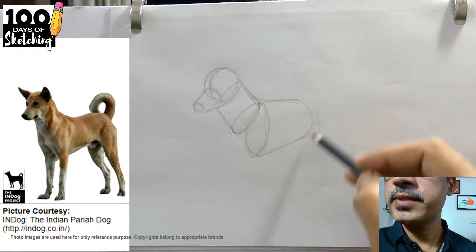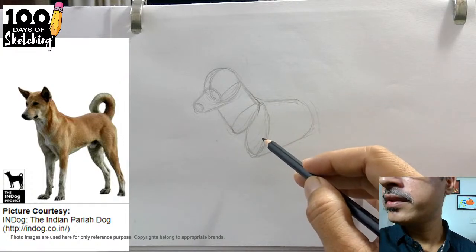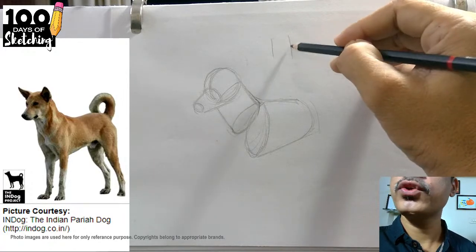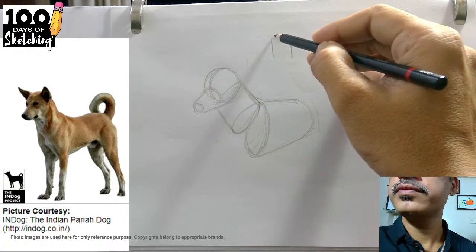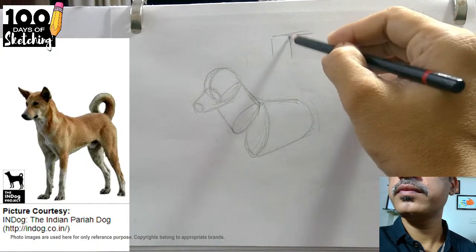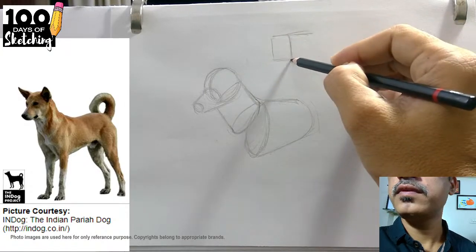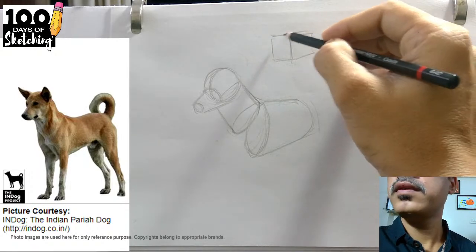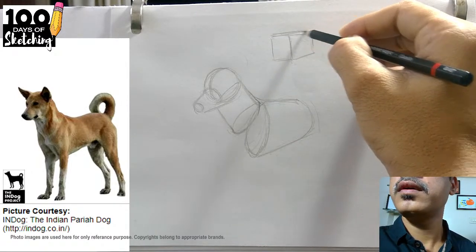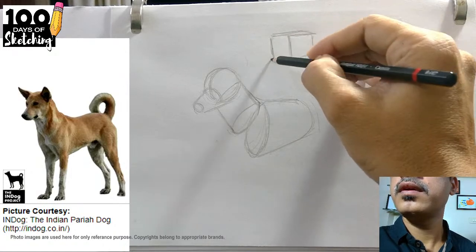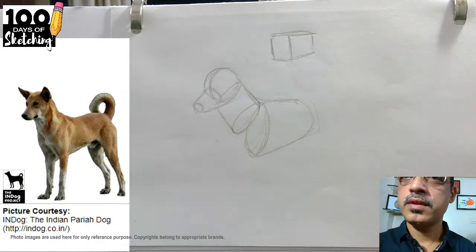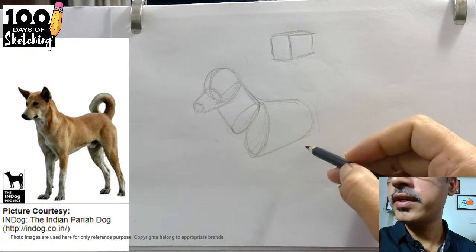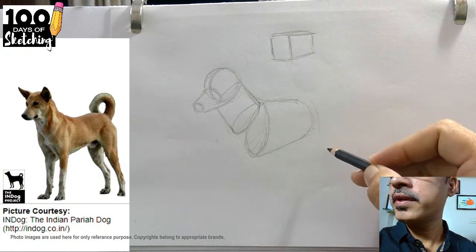For this specific area I made a cylinder, but you can try out a cubical form also. That's up to you. I feel it is a cylindrical form, so I just made that.